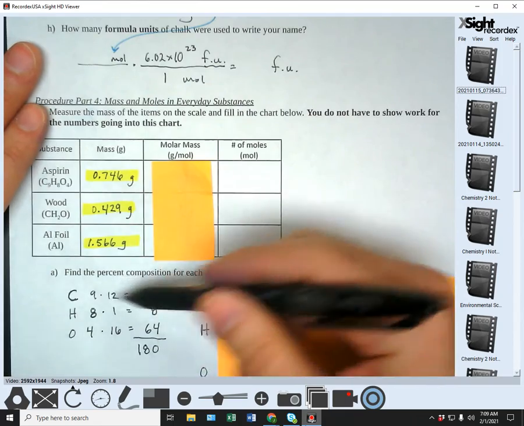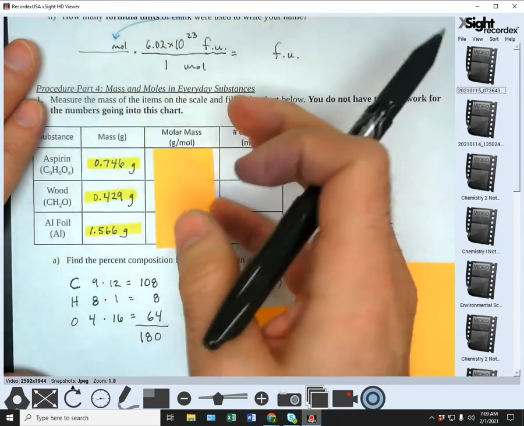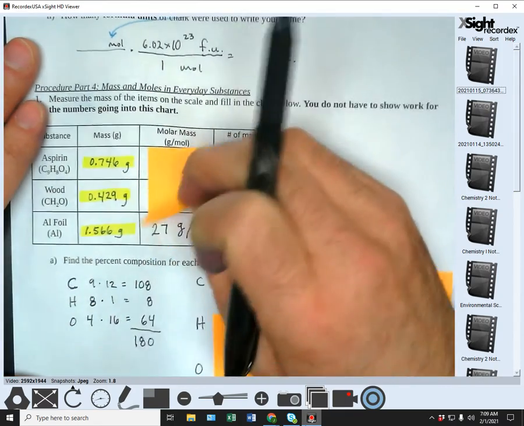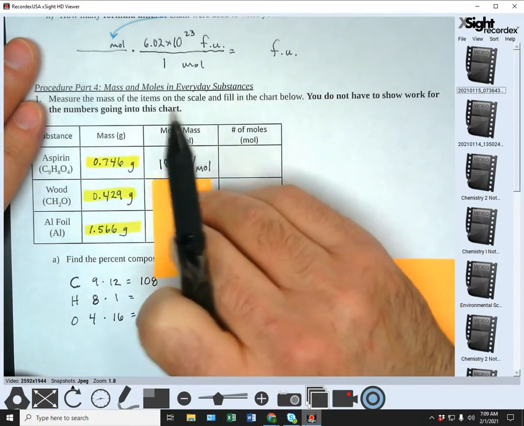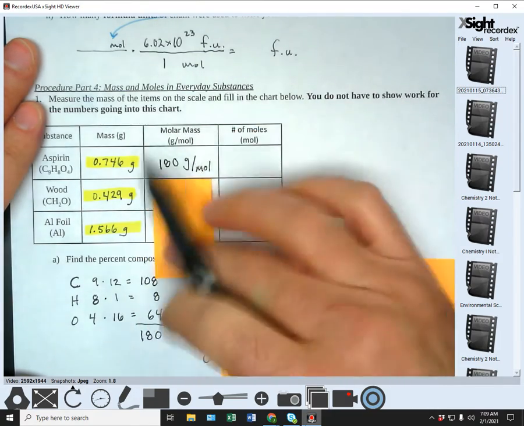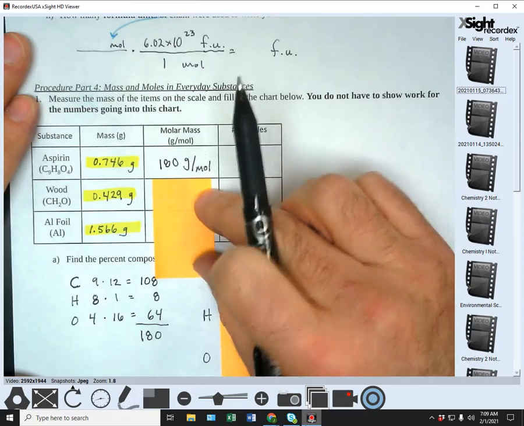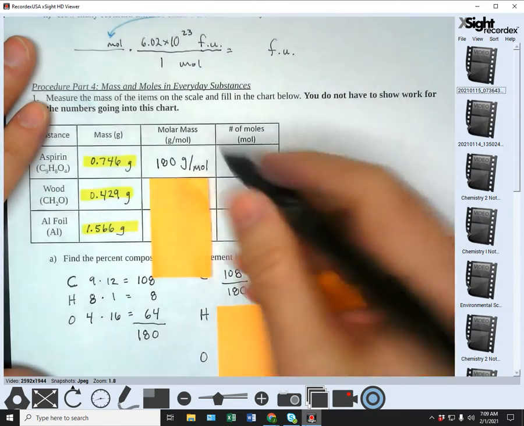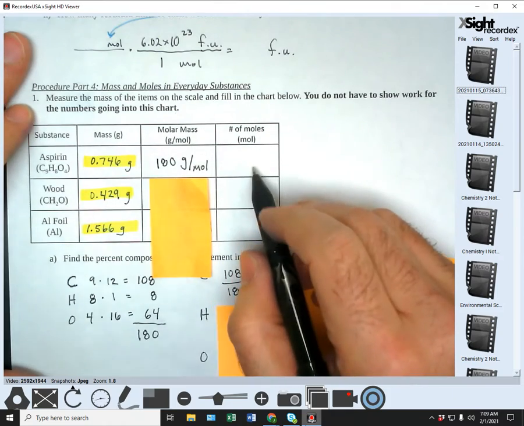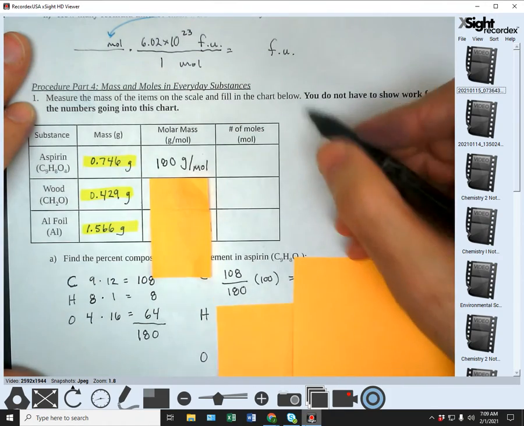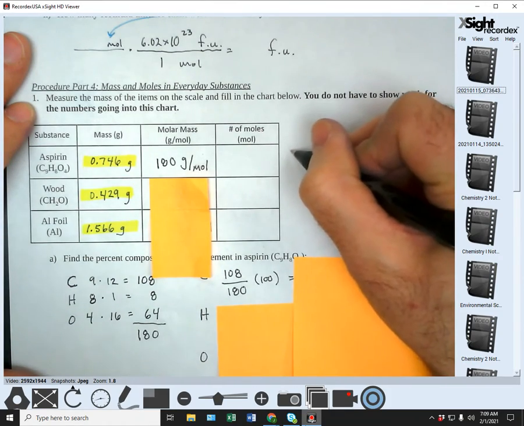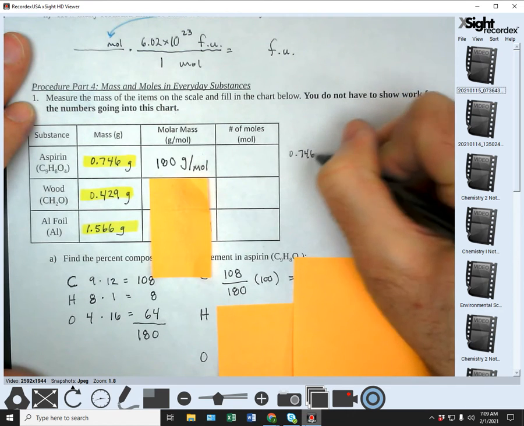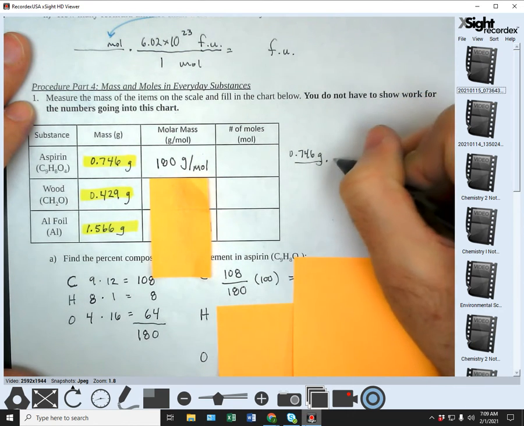So this is aspirin. Aspirin is 180. And I want you guys to figure out the other ones. So aspirin is 180 grams per mole. Okay, now all you do to find the number of moles is you're just taking the mass. Grams is the same conversion we've been doing, right?